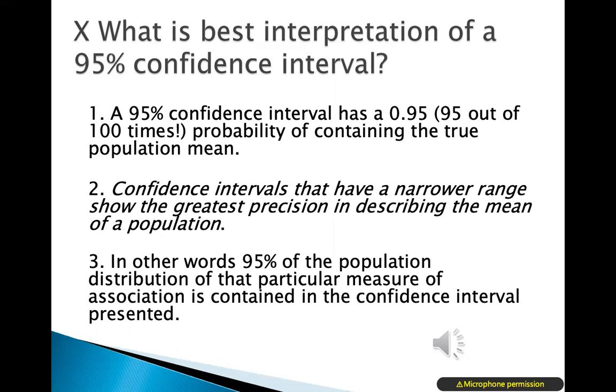So if the particular thing that you're studying needs to be very, very precise, the researchers might set it up instead for a 99% confidence interval, which means that 99 out of 100 times what you found in your sample study would have been found in the full population. And we can apply that again towards either an odds ratio or a relative risk.